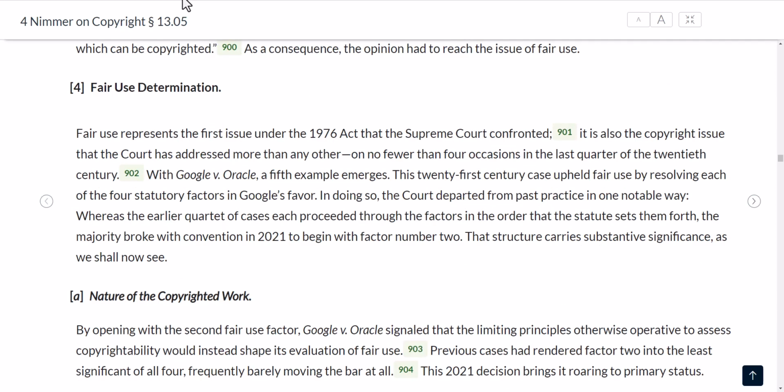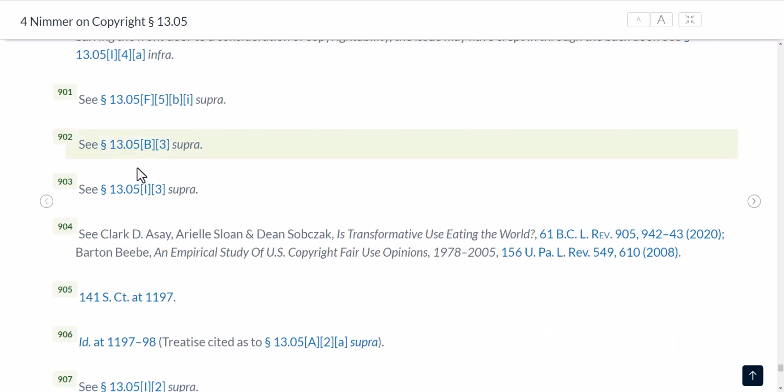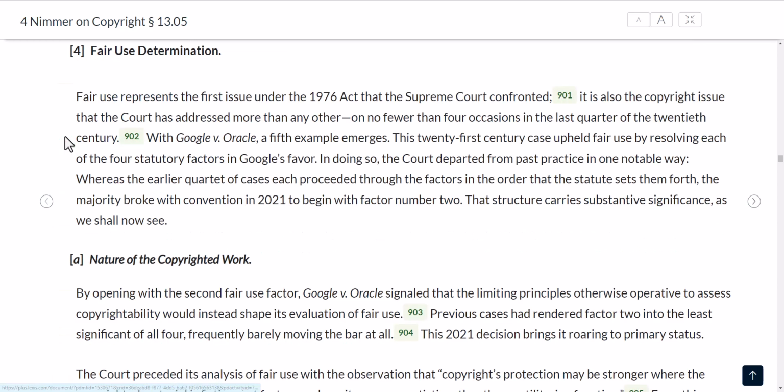Basically, this Oracle case is a situation where Google used some of Oracle's code, and Oracle said that was a copyright infringement. But note here that it said four cases have looked at the fair use question, which is our question. So I'm going to hit on 902 here. It looks like we could go read about those, but I'm not ready to jump yet.